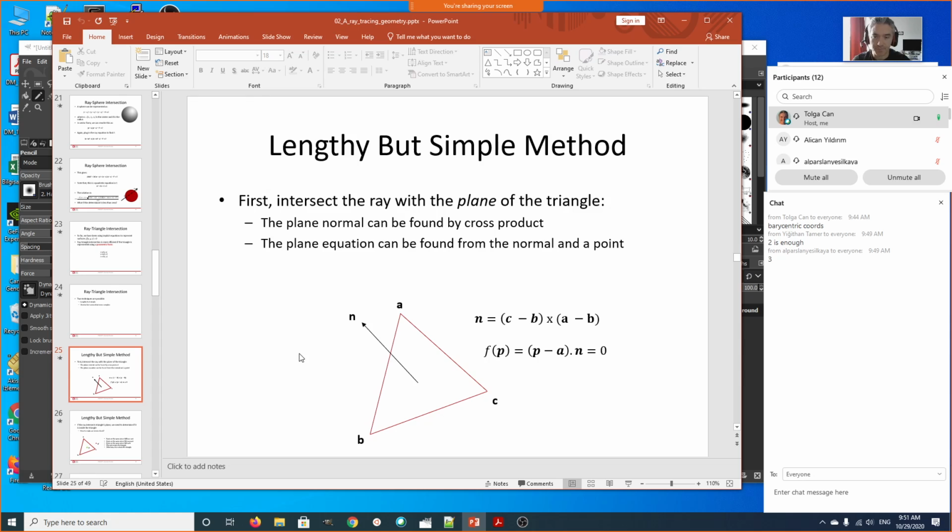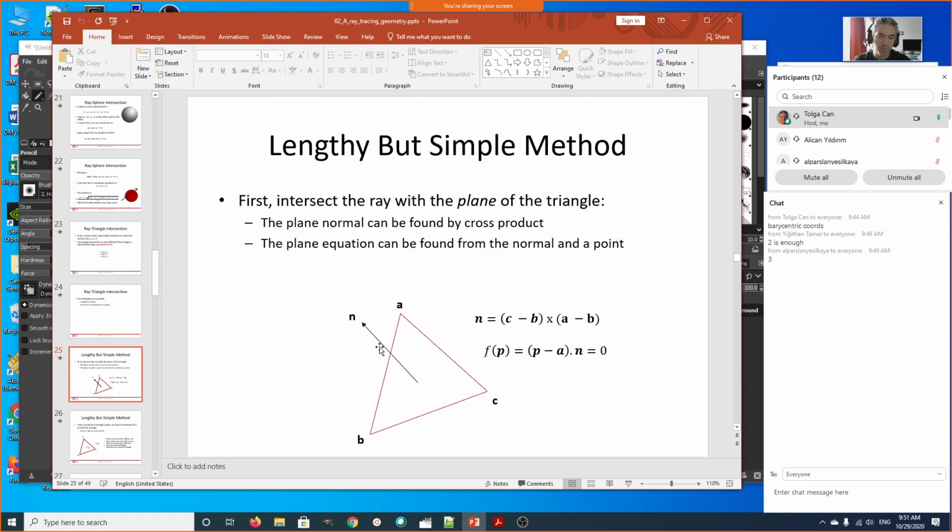Now let's see. Here we have already seen the method that I showed you on Monday, though I haven't gone over the slides last time. We first find the plane equation by taking the cross product of these edges.